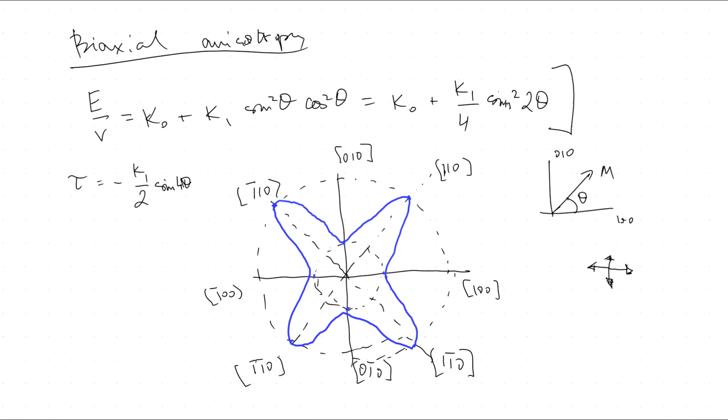Now, how do we measure anisotropy? Well, there are several ways we can measure anisotropy, and I already mentioned one of them. That one would be measuring the hysteresis curve. If you have a hysteresis curve, it can look like this, or it can look like that, if you have different properties along different directions.